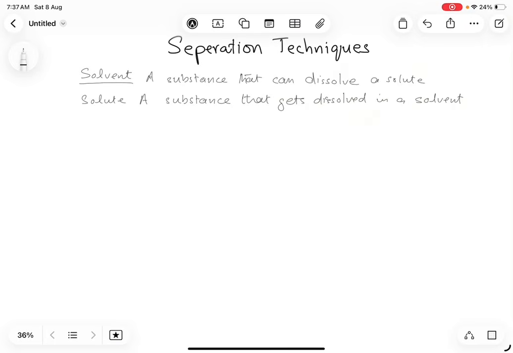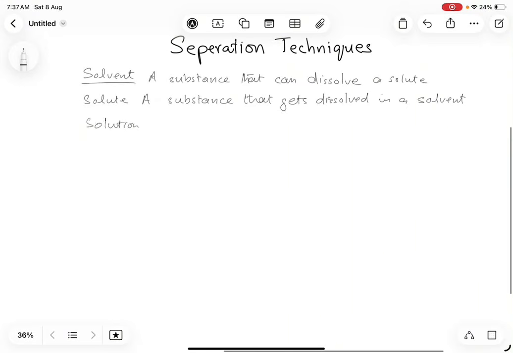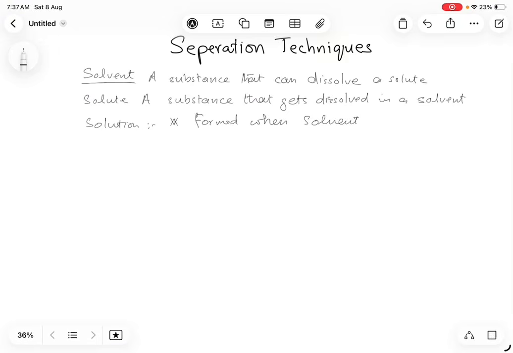And now when these both are mixed together, they make a solution. A solution is formed when solvent and solute are combined. Okay, combined. All right.